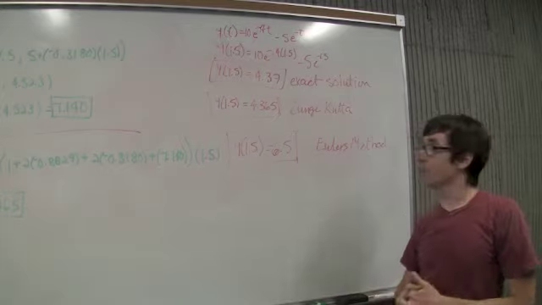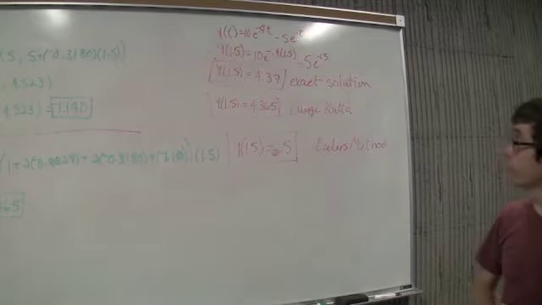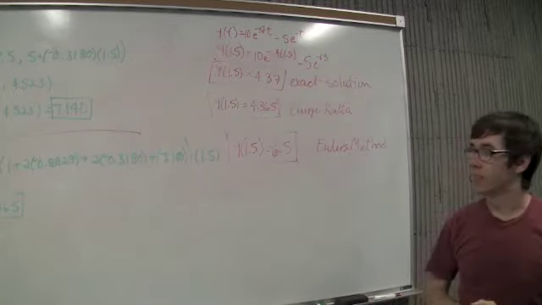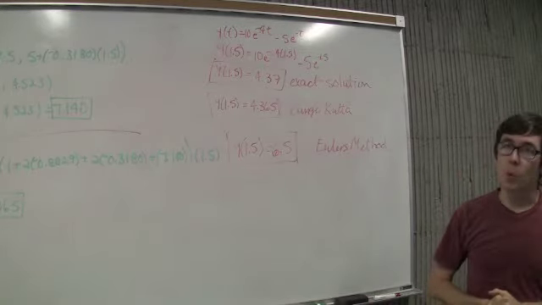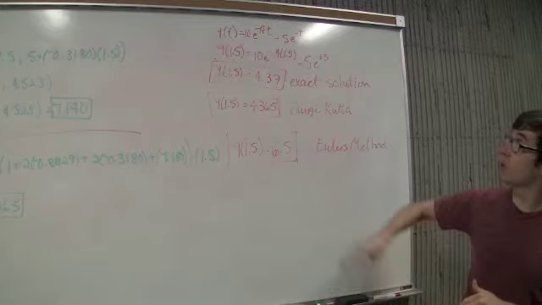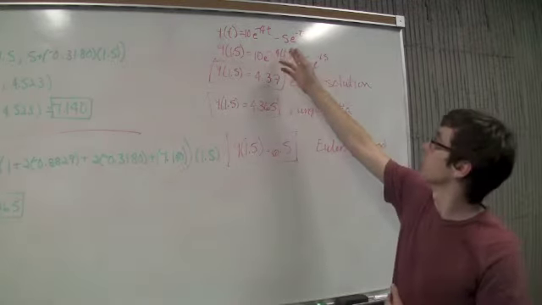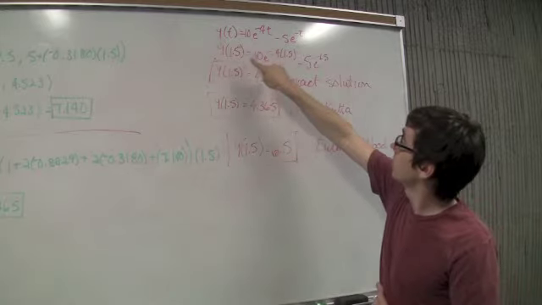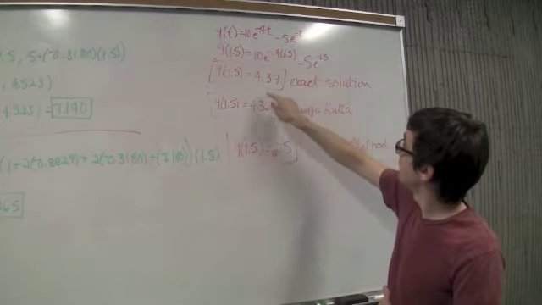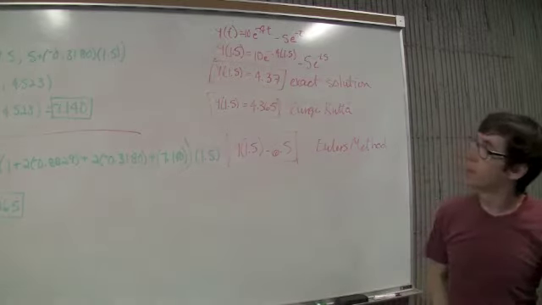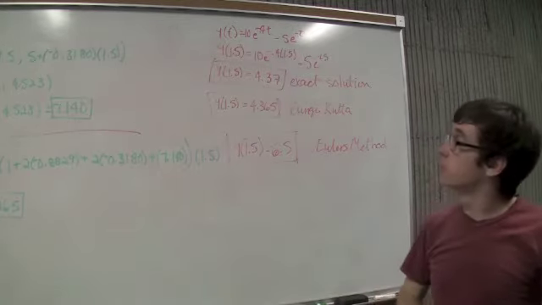Alright, now to compare Runge-Kutta to Euler's method, we decided to go ahead and evaluate the equation we were using, and the exact solution gives us 4.37 when x is 1.5.